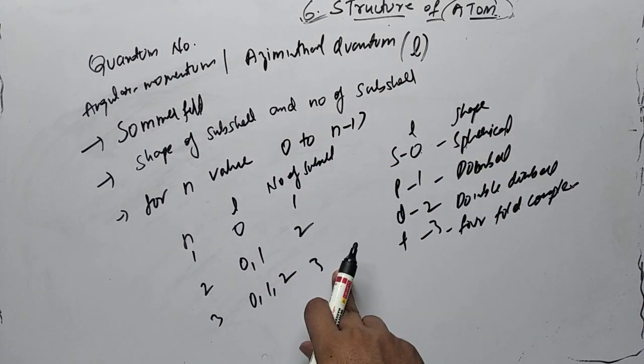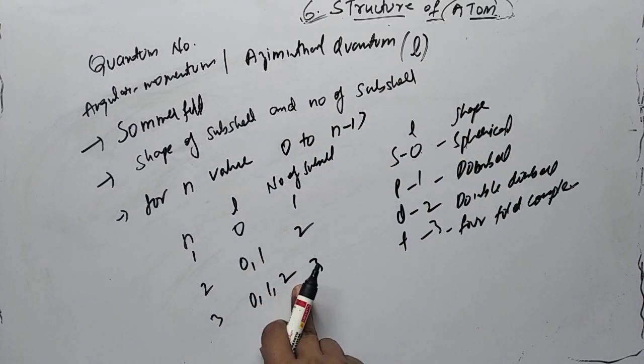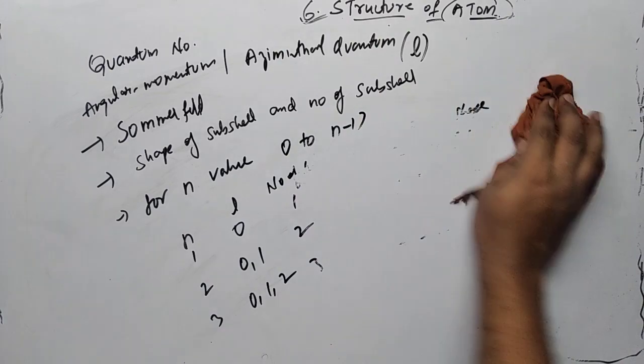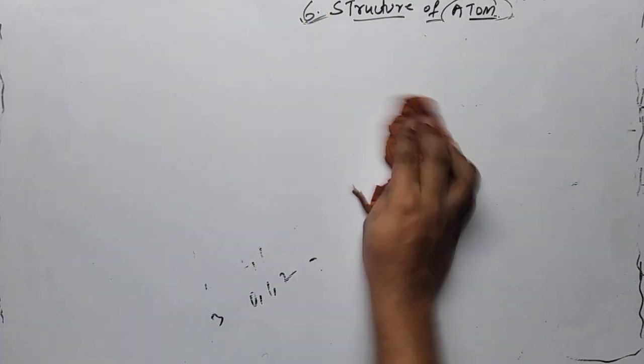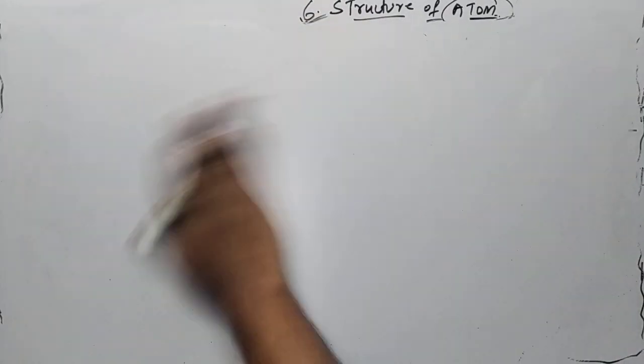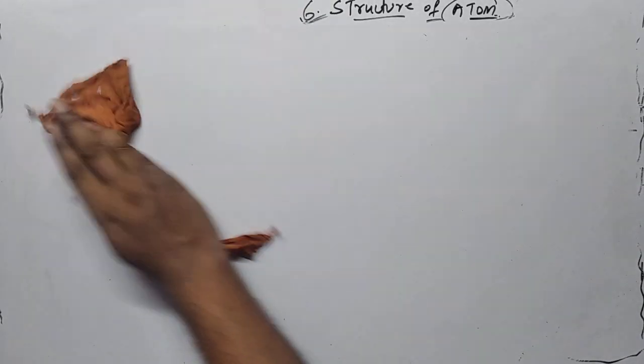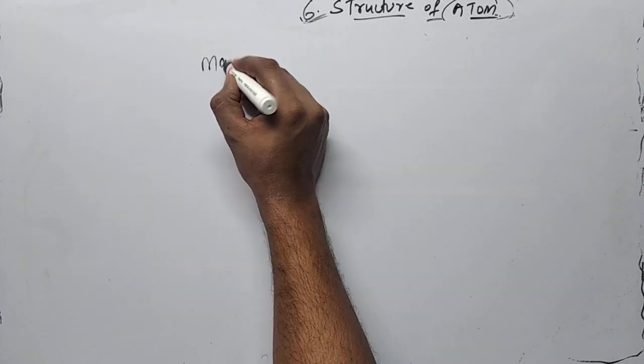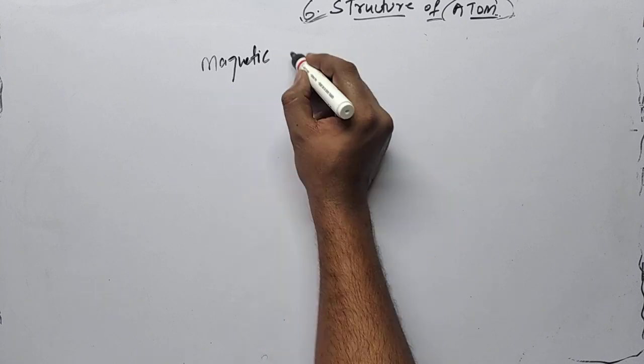The number of subshells is nothing but the number of l values, and these l values are nothing but the shape of the orbital. Next we have the magnetic quantum number, which is proposed by Lande.